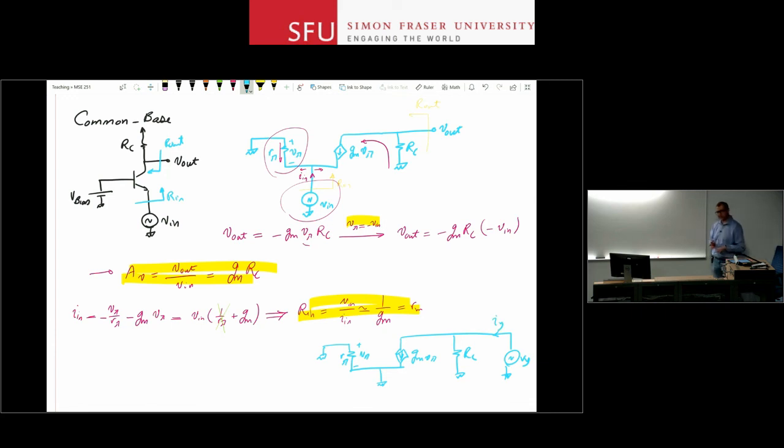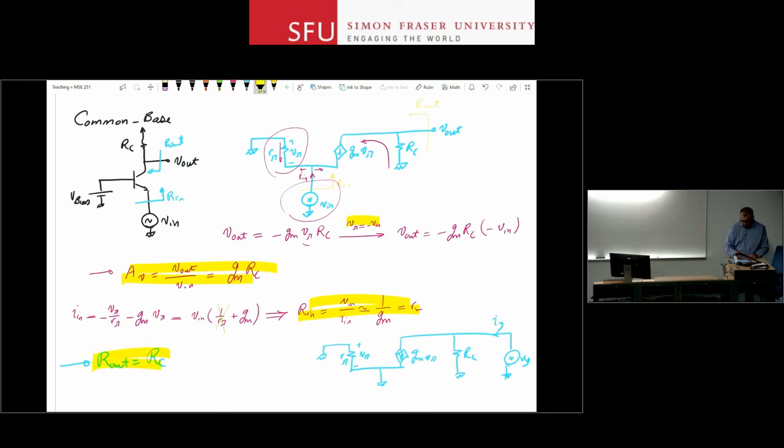We have done this a few times already. V_pi is 0 in this circuit: 0 at the top of r_pi, 0 at the bottom of r_pi, so V_pi is 0, therefore gm V_pi is 0, and therefore all of I goes through R_C. Quickly you can show that R_out is just R_C.